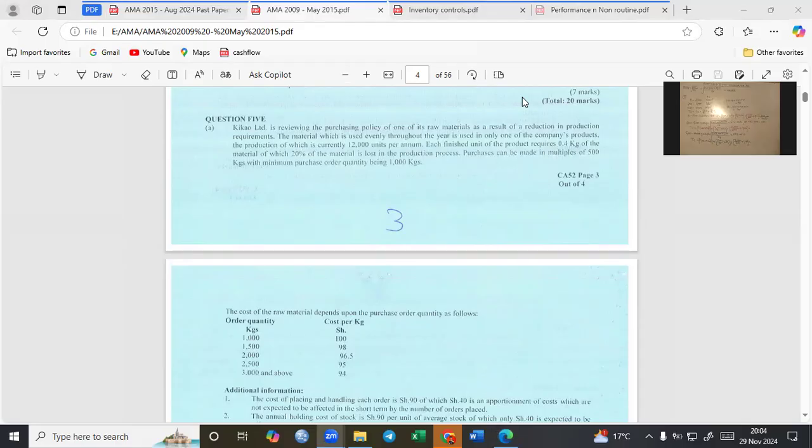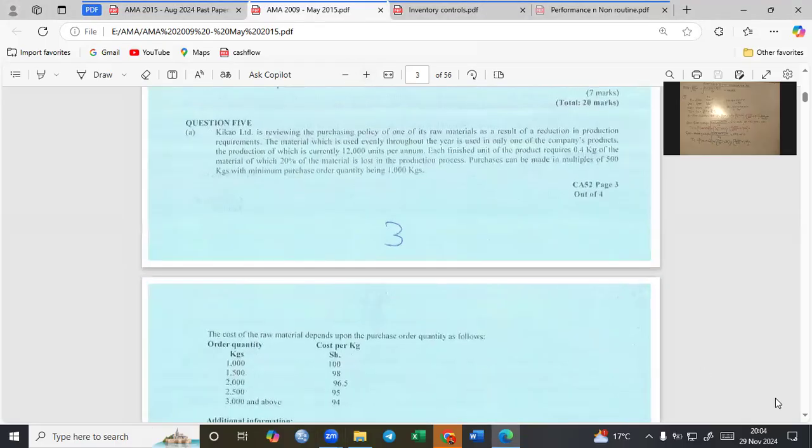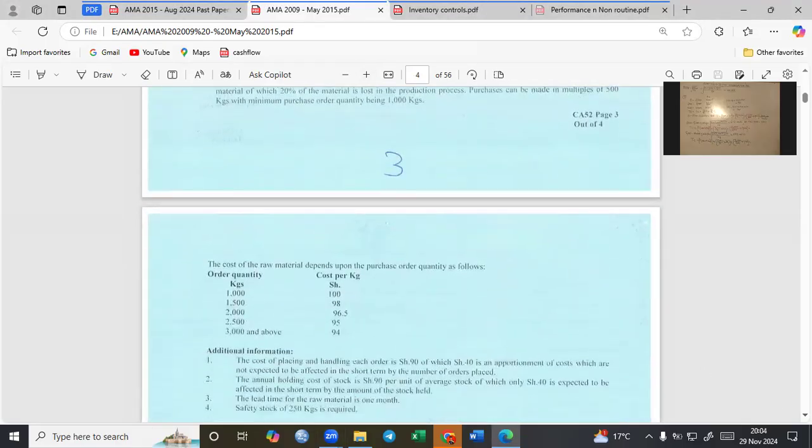Purchases can be made in multiples of 500 kgs with minimum purchase order quantity being 1,000 kgs. The cost of the raw material depends upon the purchase order quantity as follows. Order quantity, cost per kg. It is there between 1,000 to 3,000 and above.